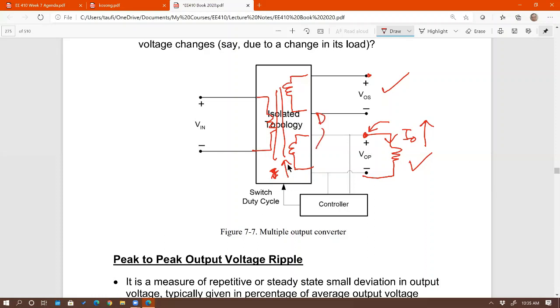The same duty cycle is being shared for both, right? So that's not good for the top supply. Any type of changes on the output voltage here on the bottom supply will also change the top supply. So that's called cross-regulation.